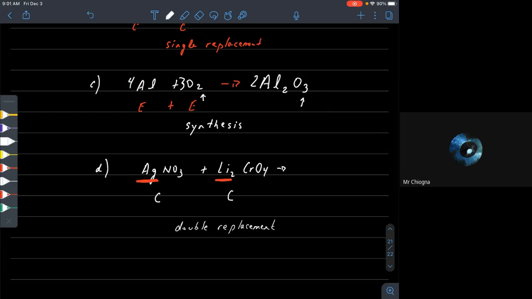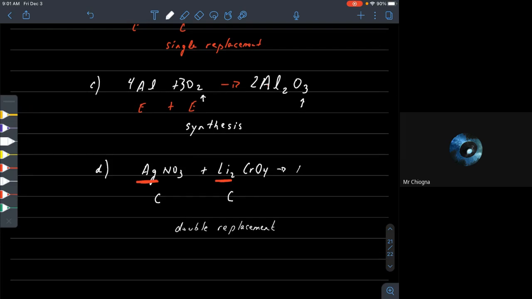Okay, they're going to trade places. So the lithium will go with the nitrate, and the silver will go with the chromate. So start with the silver first. So you get Ag. I'll complete the crisscross in a second. So the CrO4 is -2, so it should be Ag2, I believe, right?